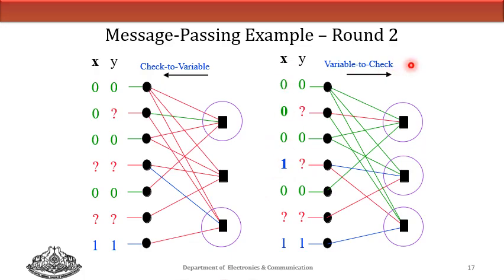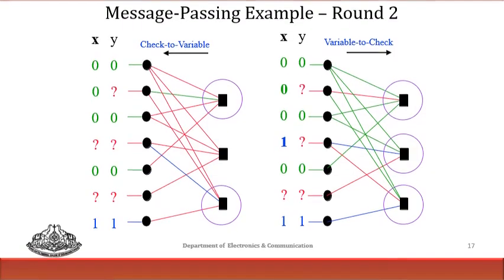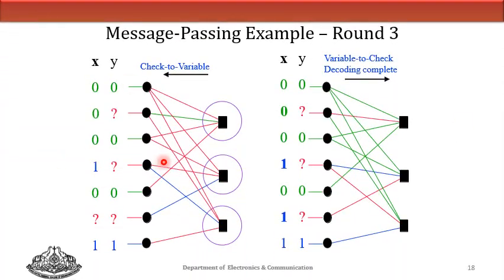And the variable to check node messages are nothing but this will transmit the corresponding messages to the check nodes. Now we have only one erasure to be found. So basically this check node got all the variable node connection values.